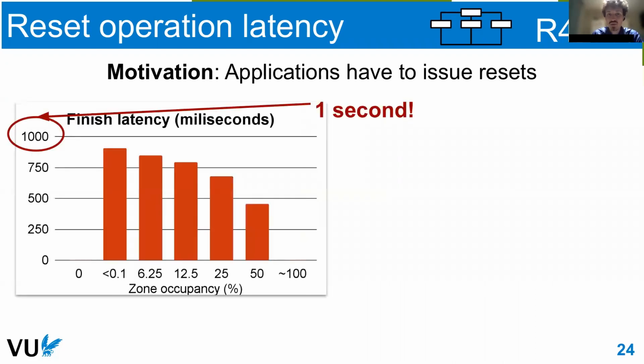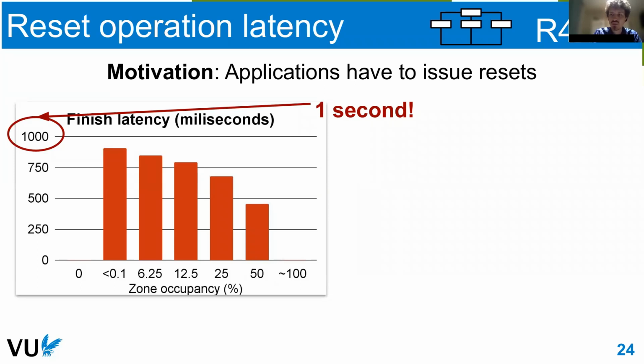And the other operation, the finish, is even more expensive. Look at this. This is almost a second. The finish can take up to almost a second. The reason for this is that the SSD that we use has almost 2 gigabytes as a zone size. So the zones are really big. And when you finish the zone, it tries to fill it up with data, which it does with writes. Essentially, if the zone is almost empty and you finish it, internally it keeps writing.